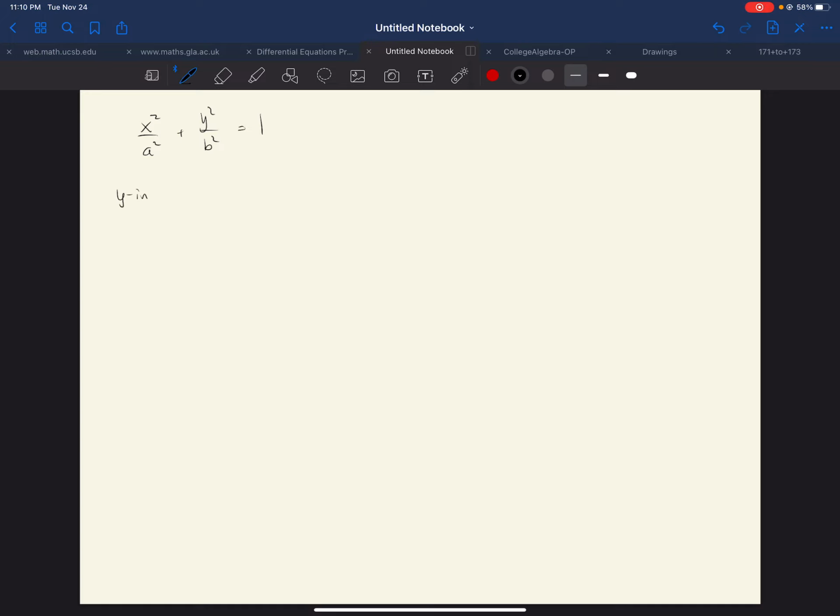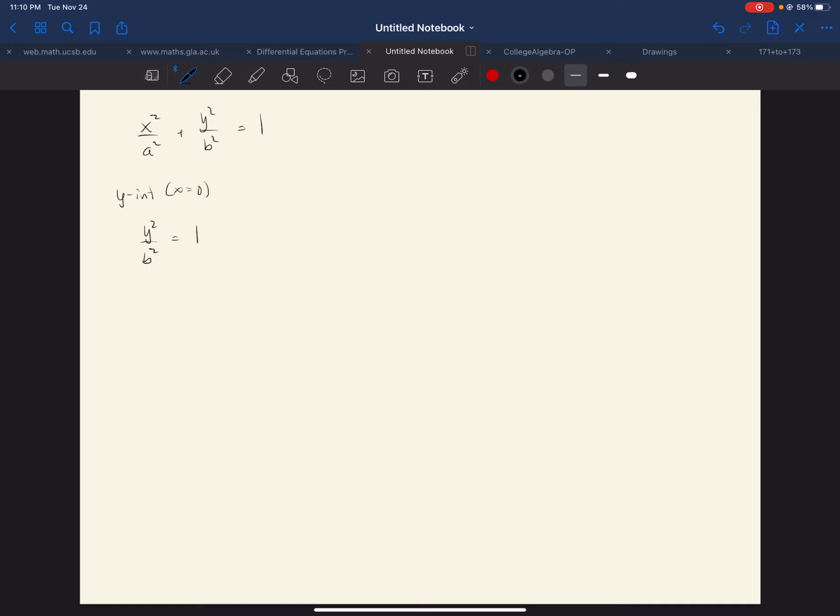I might first do the y-intercept. That's when x is 0. So if x was 0, then we would get 0 squared over a number, and 0 divided by a number is 0, so this would go away. And we would wind up with y squared over b squared is 1.